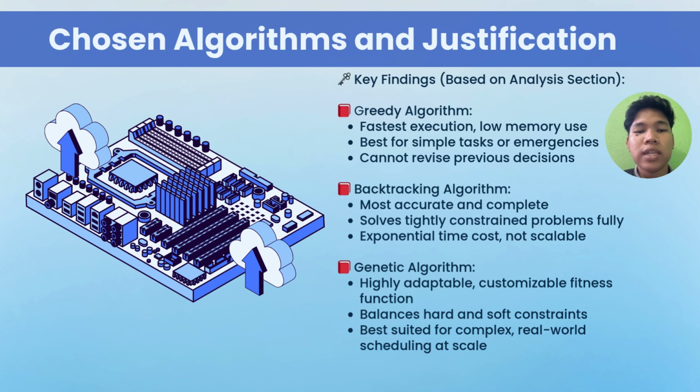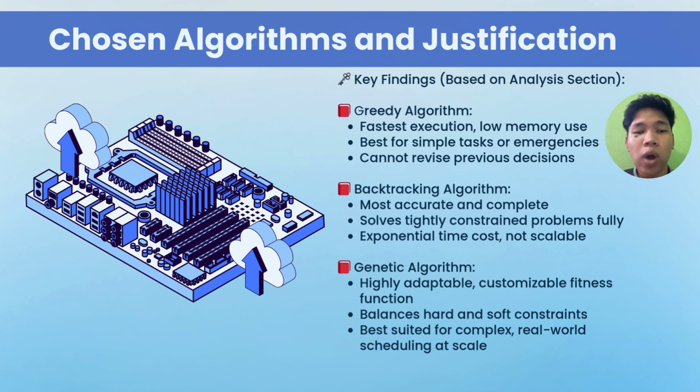What makes it strong is that it can handle both hard and soft constraints, and it works well even when the scheduling problem is large and complex. While it doesn't always find the perfect solution, it can find a very good one in a reasonable amount of time. So in summary, greedy is fast but limited, backtracking is accurate but slow, and genetic is flexible and scalable.